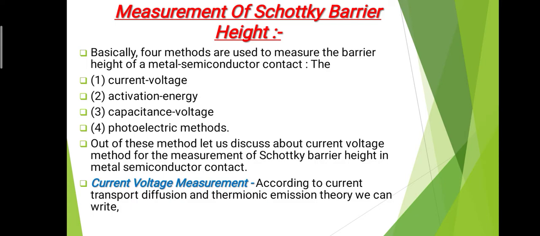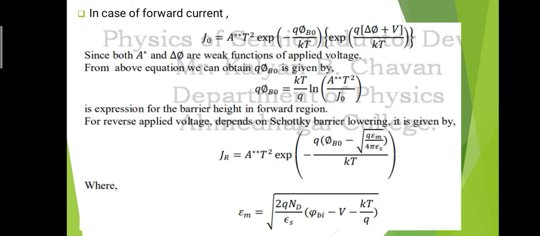So in case of forward current, J0 is equal to A** T squared exp(-q phi B0 / kT) exp(q (delta phi + V) / kT). This is the expression for the current density J0.